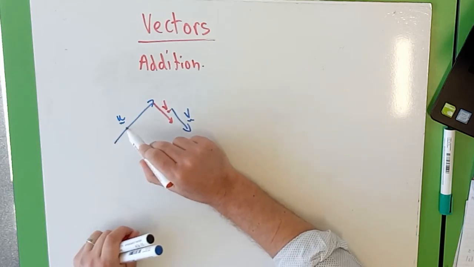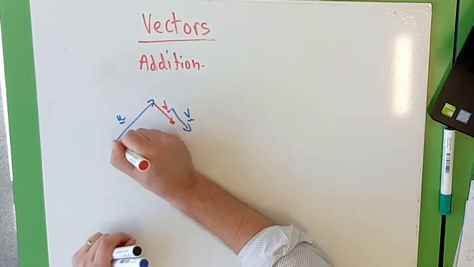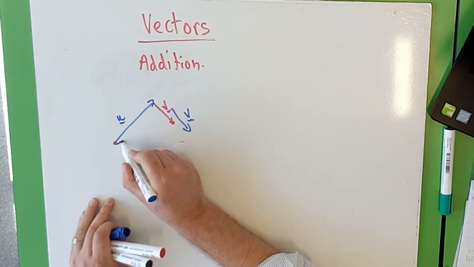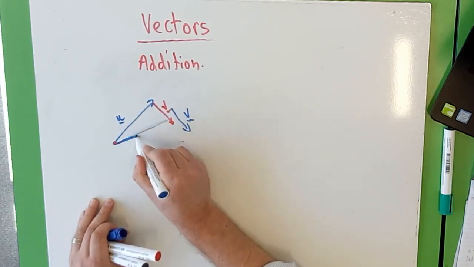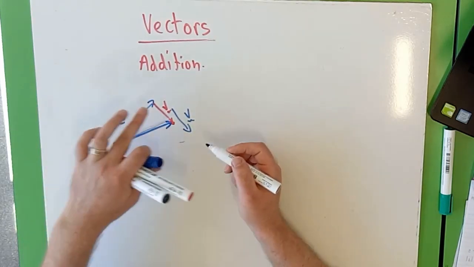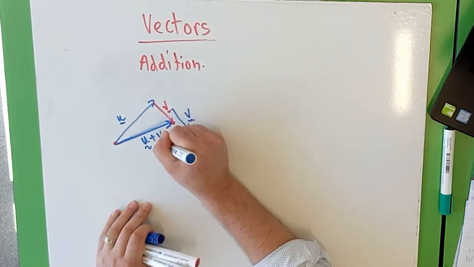I start here, I walk along here, I join it up to this one. Where do I finish and where did I start? The sum of those 2 vectors is the start of the first vector to the end of the last one when you add them head to tail. So that's u plus v.